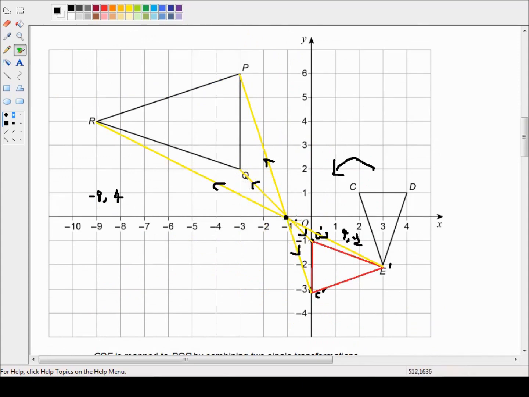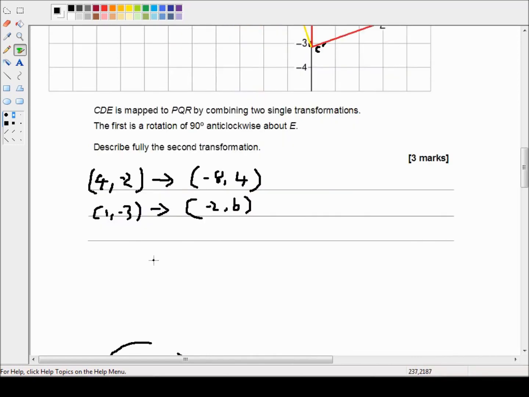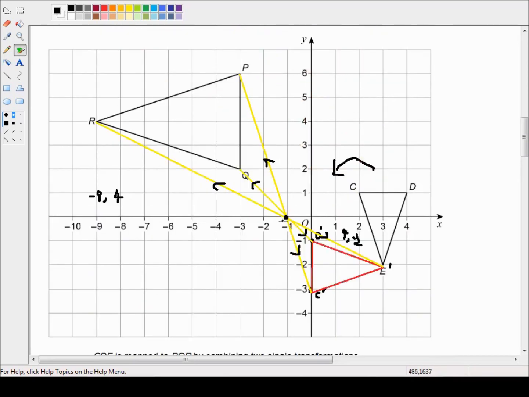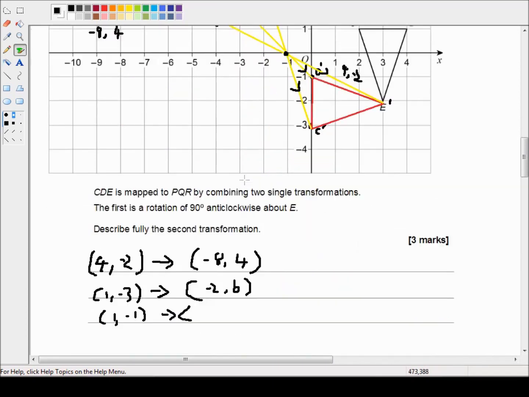So we've gone plus 1 comma minus 1, so it's 1 comma minus 1, which is mapped to negative 2 comma positive 2.